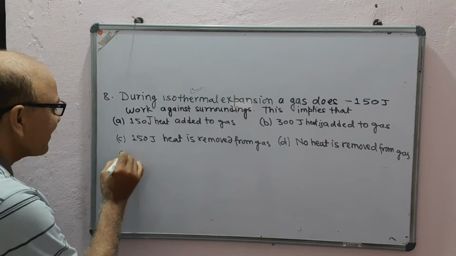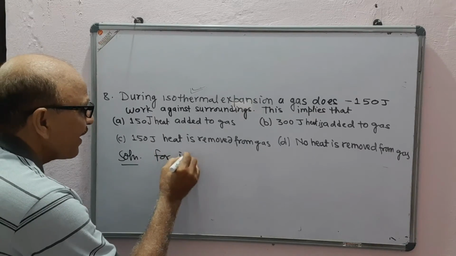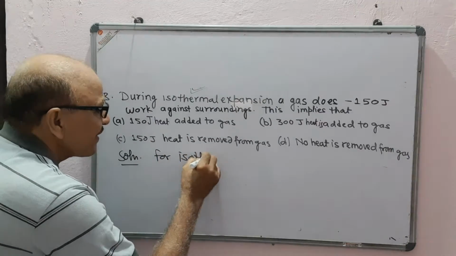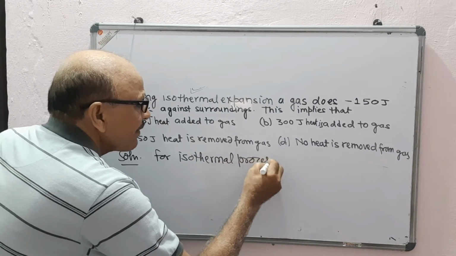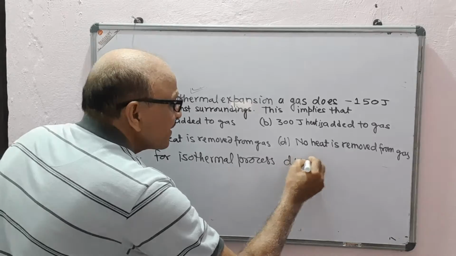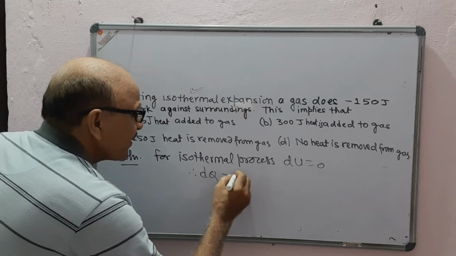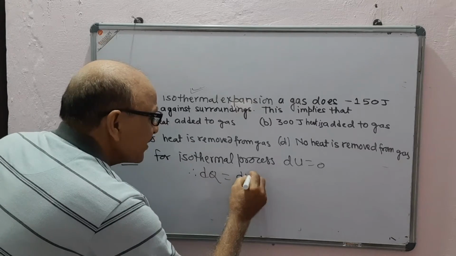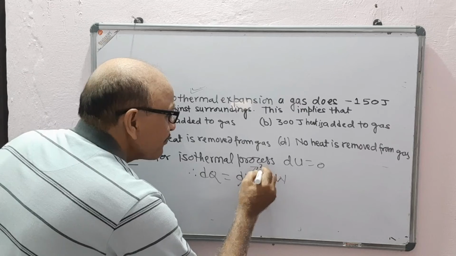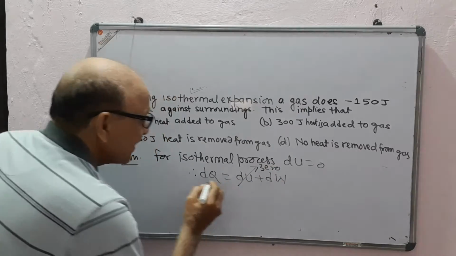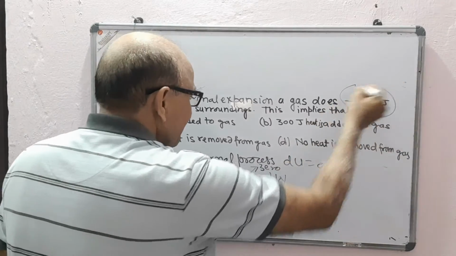So, solution for the isothermal process: dU is 0, therefore dQ will be equal to dU plus dW. This is 0. So dQ is equal to dW, and dW is this much.